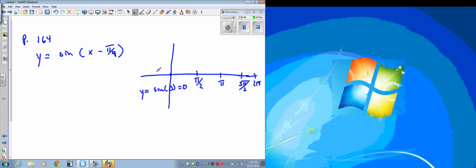So the ordered pair is 0, 0 height. When we go to y equals the sine of pi over 2, the value is 1, right? So we get up here to 1 height. And then the sine of pi is 0, the sine of 3 pi over 2 is negative 1, and the sine of 2 pi is back at 0.